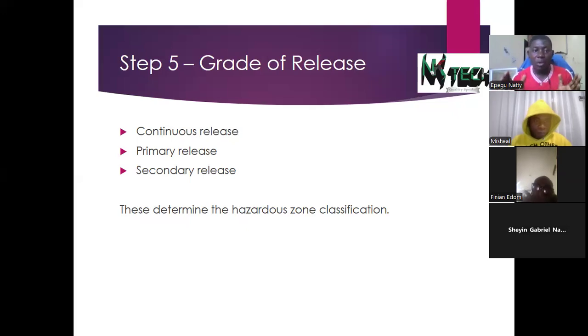So at every point in time during operation, even if it's normal operation, that is prone to explosion, right? And then for the secondary release, this is only when there is an upset in your facility. When there's an upset, then this is called secondary release. Now this is your zone 2. Your primary release is your zone 1. Your continuous release is your zone 0.